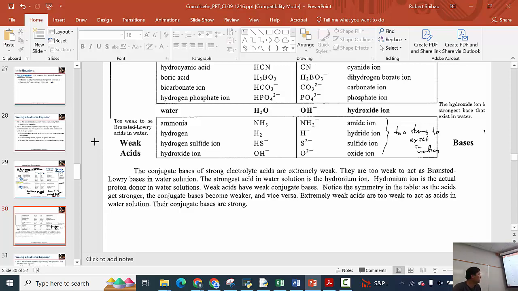So if we have any of these, for example NH2 minus, which is called amide, NH2 minus is too strong. What happens is it attacks water. And NH2 minus is a base. Bases are proton acceptors. So what we form is NH3 plus hydroxide.